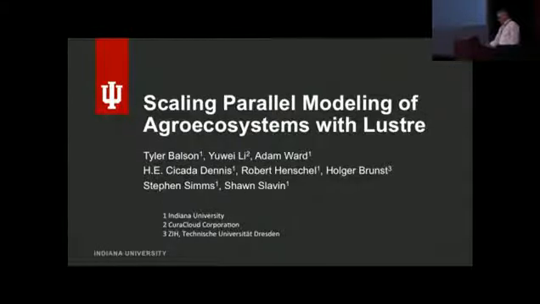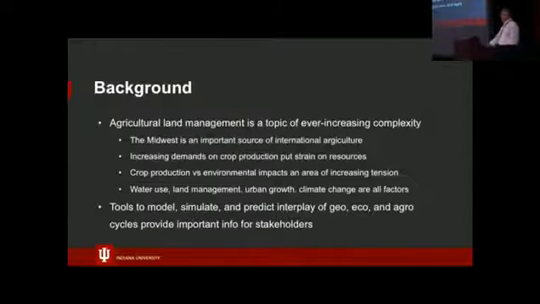So the application that I'm here to talk to you about is a program called Agro-IBIS, or initially just IBIS. The background on the application itself is that it simulates agricultural fluxes and variables associated with inputs from atmospherics and geological and agricultural land management data.